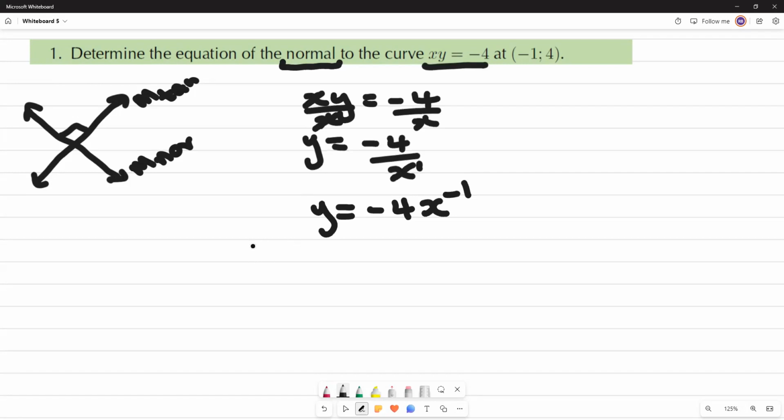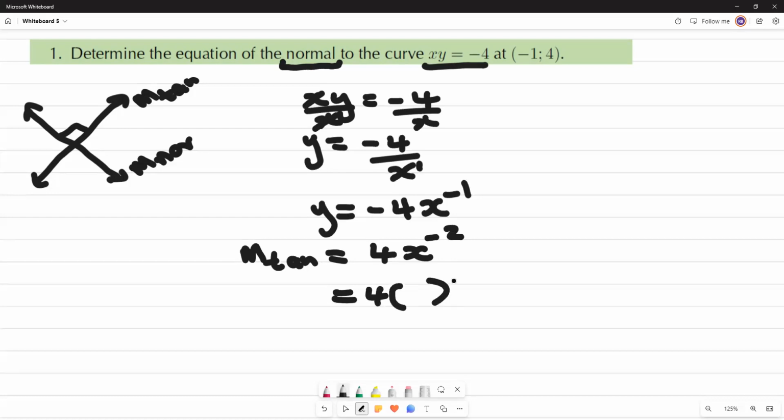So now this is still your thing. And then you know that the gradient of the tangent, which is m tan, is basically given by the derivative of this function, which is going to be -4 times -1, which is 4, then x, and then we minus 1 there, which gives us -2. And then you know that this tangent is meeting the curve when the x value is -1.